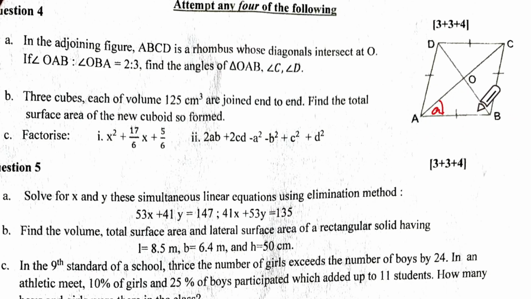let us call this A and this B. So A is to B is equal to 2 is to 3. Therefore, let angle OAB equal 2x degrees and B equal to 3x degrees. Correct? Now, this is a rhombus, won't this angle also be A in this triangle?